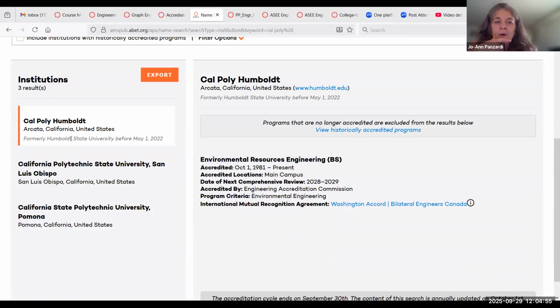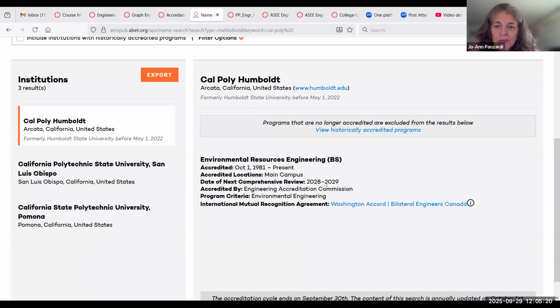Notice right now we're only linked into Cal Poly Humboldt, and they only have one engineering program that's accredited. Although they started a mechanical engineering program, it's not accredited yet. It has to have one graduating class before they could get reviewed. And looking at Cal Poly Humboldt, notice when is the next comprehensive review?